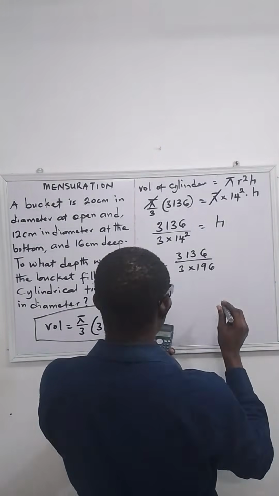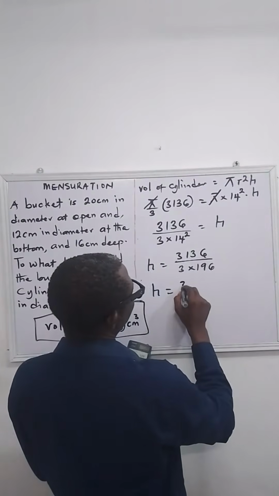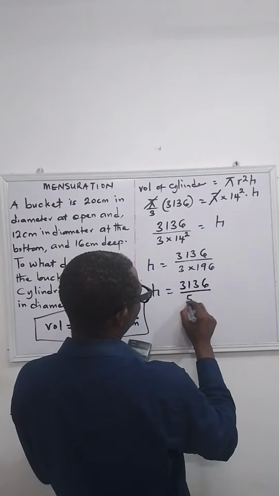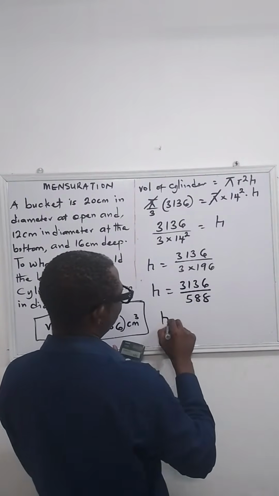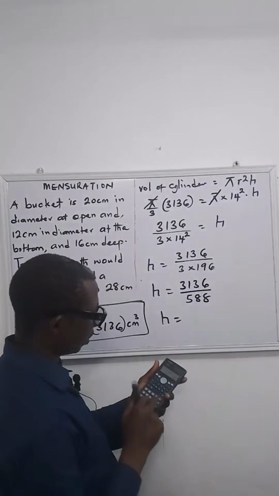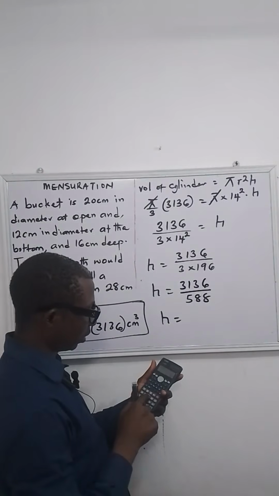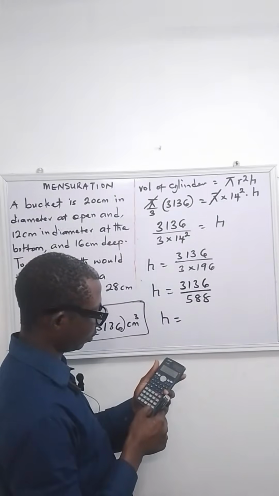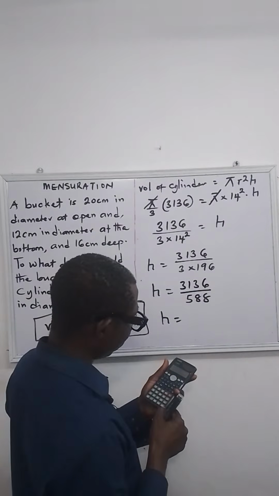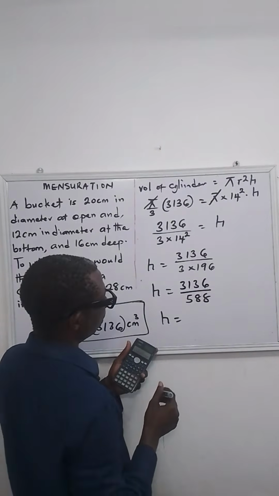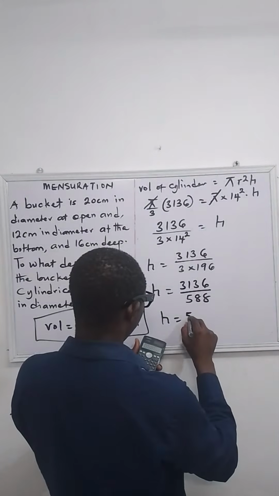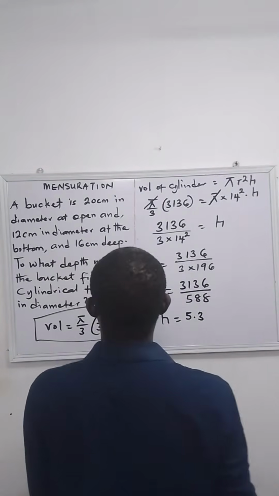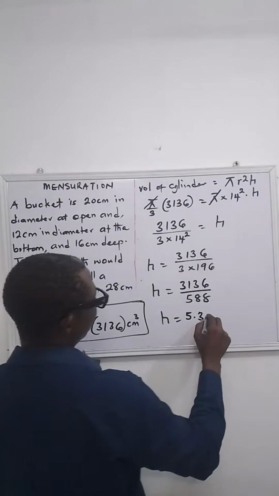So this gives me 3,136 over 588. So h will now be 3,136 divided by 588, so that is 5.3, and that is going to be in centimeter.